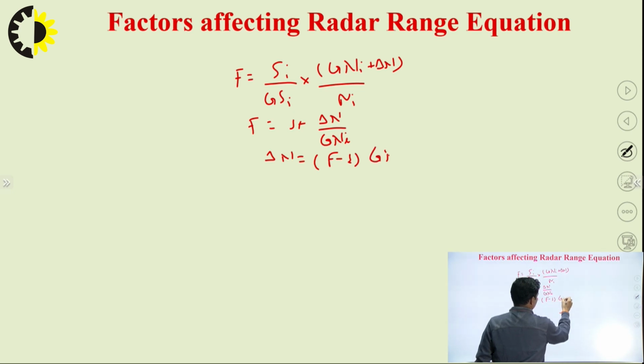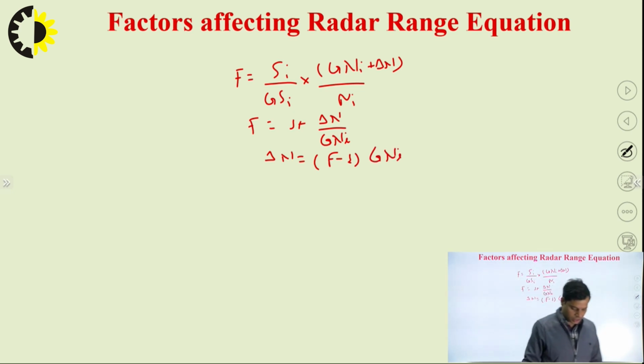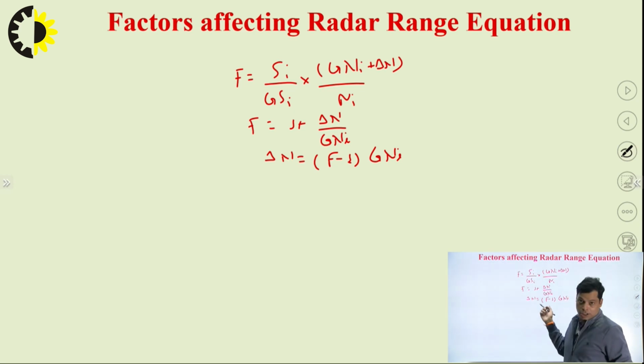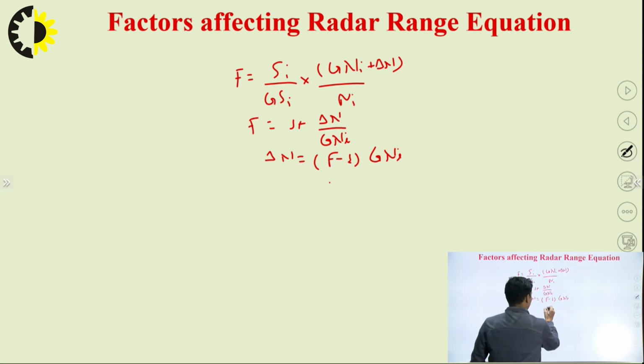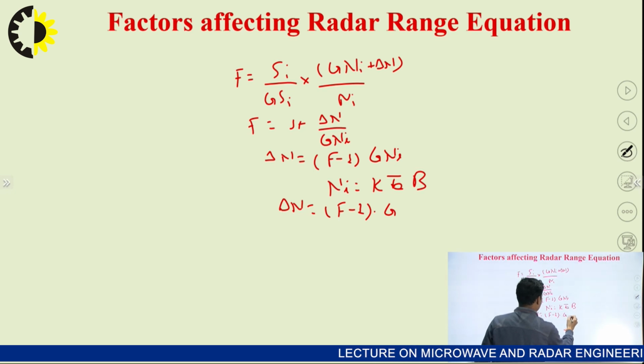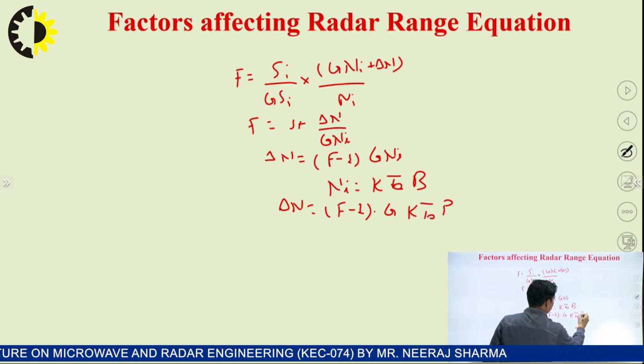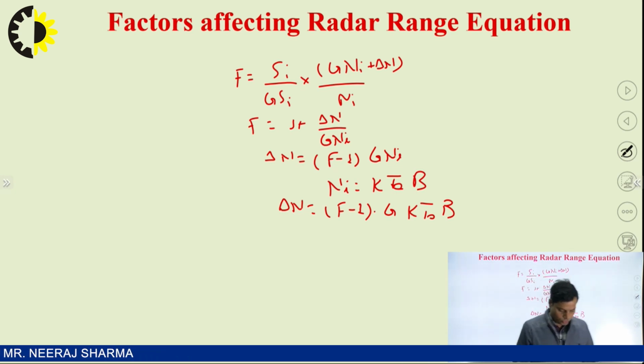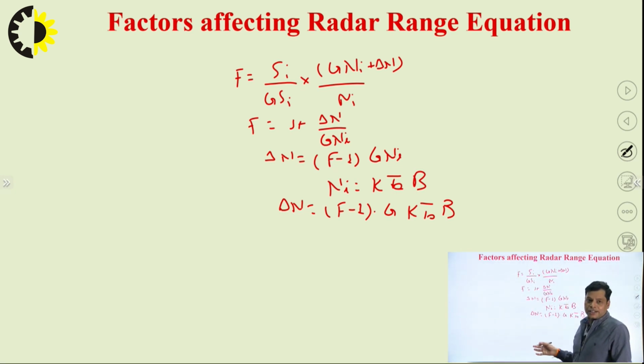This is the equivalent noise generated in the receiver section, and the receiver input noise Ni is equal to K T naught B, where T naught is the temperature, B is the bandwidth, and K is the Boltzmann constant. So del N becomes F minus 1 into G into K T naught B. What happens when detecting this signal?